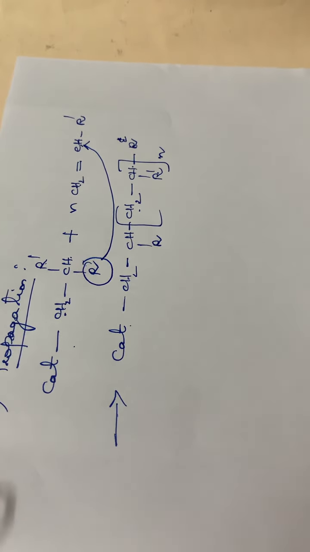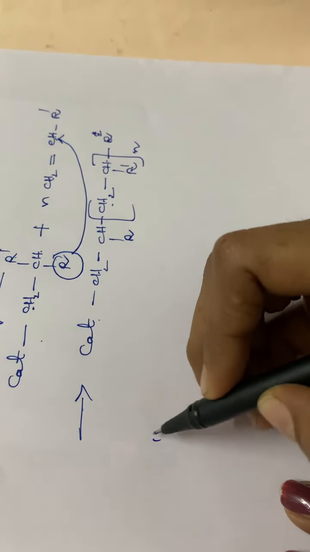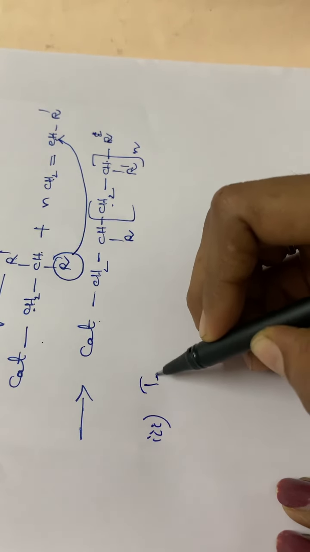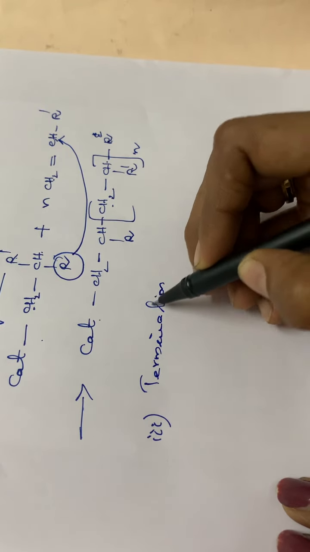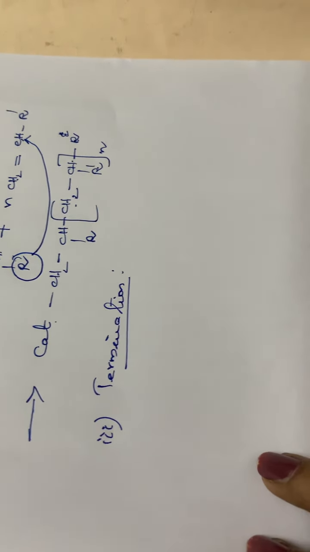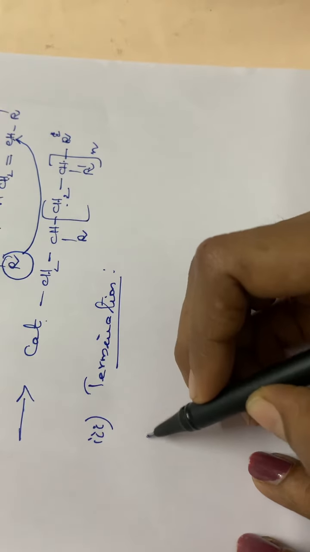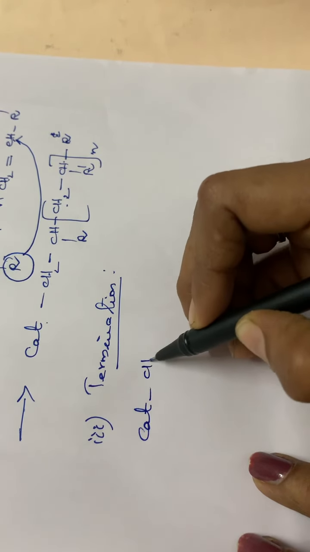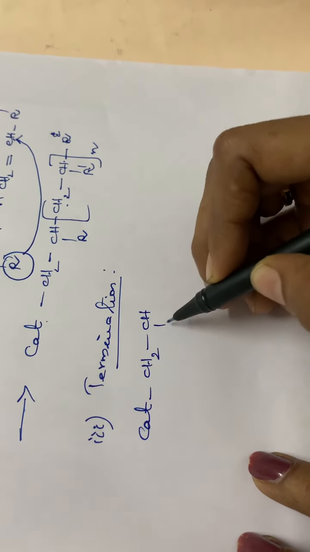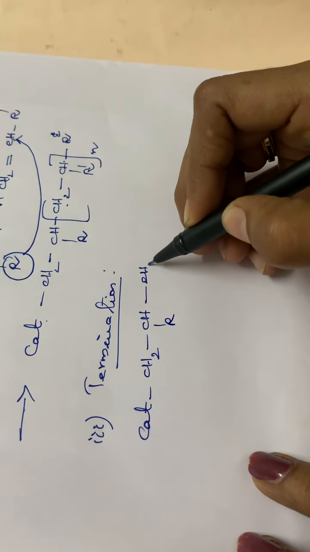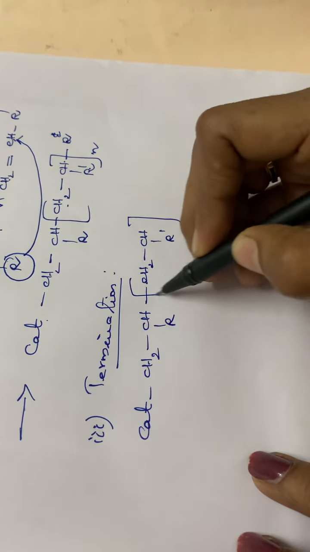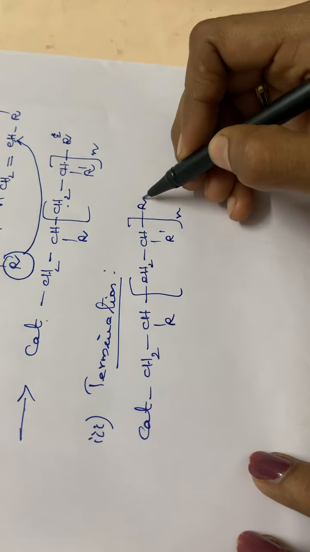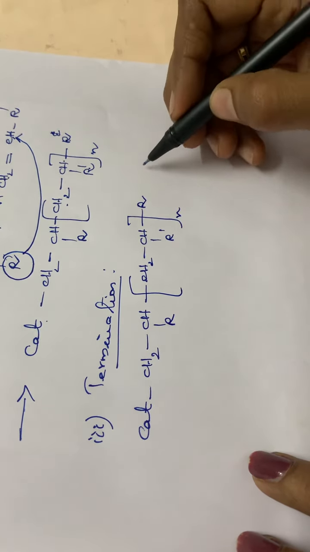Then the next step, that is the termination step, the third one. Again, you have to write this compound catalyst CH2, CHR, then CH2, CHR, N times R, plus HX.